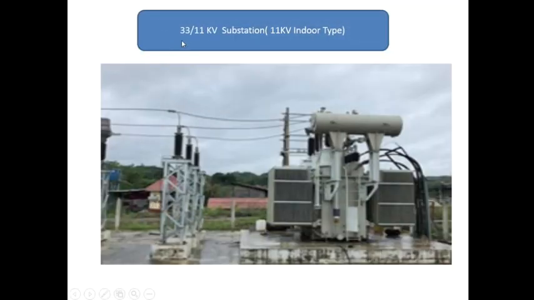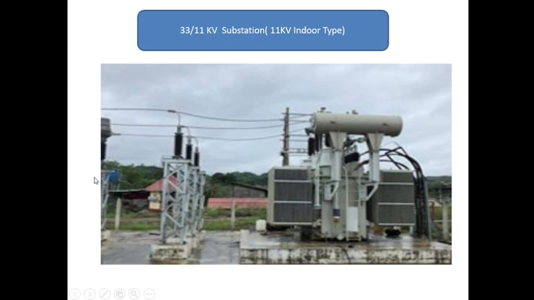This is a 33/11 kV substation where the 11 kV side is indoor type. All the panels, breaker, CT/PT, bus bar are inside the control room. And this is the 33 kV side.